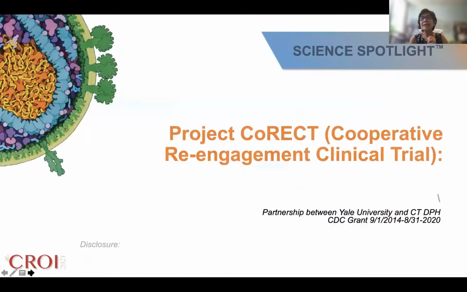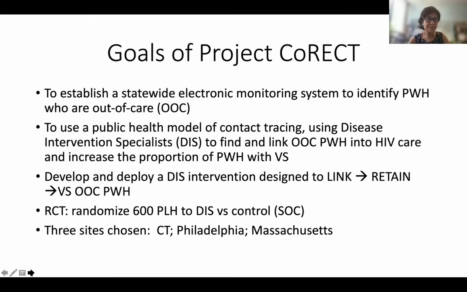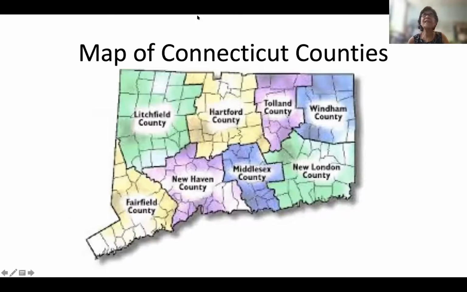Okay, so this brings us to our study. Villanueva from Yale University School of Medicine. I want to just talk about our CoRECT grant, which stands for the Cooperative Re-engagement Clinical Trial.